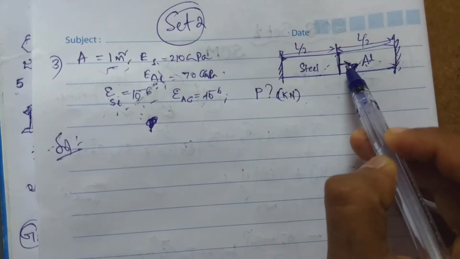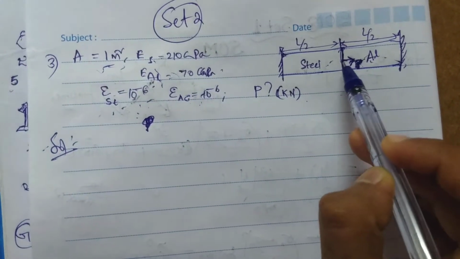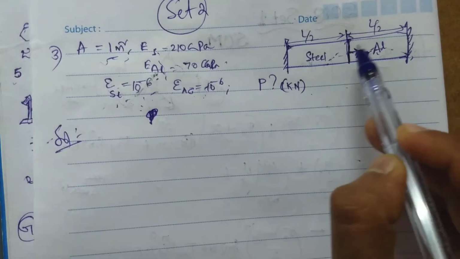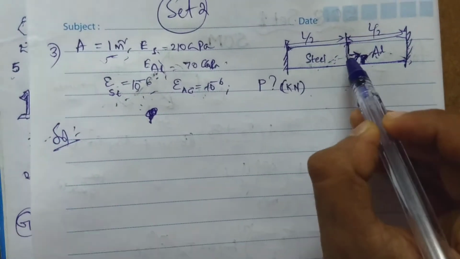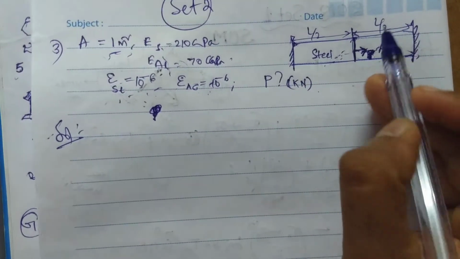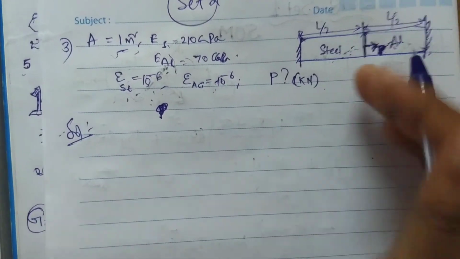See, the same P is not causing the stress in steel and aluminum, because both Young's modulus are different, both are made up of different materials. The stress means the resistance to the applied force. So the resistance caused by steel and aluminum to this particular P are different.